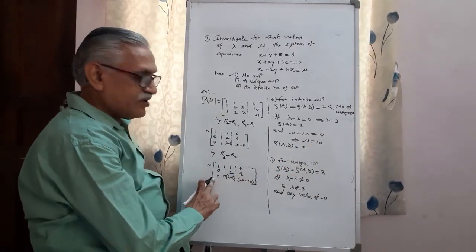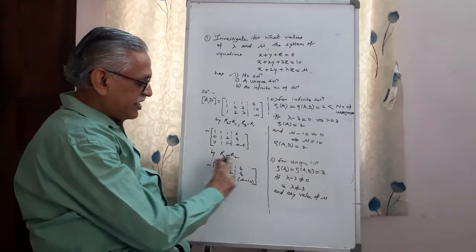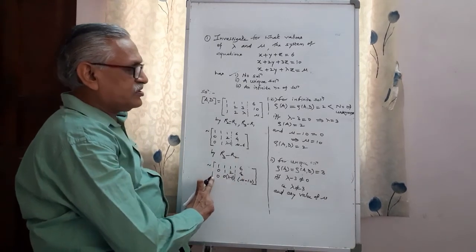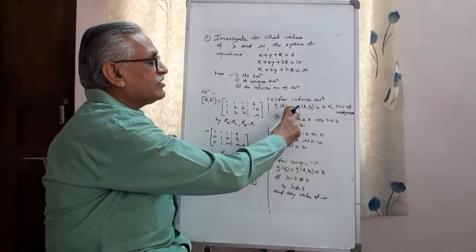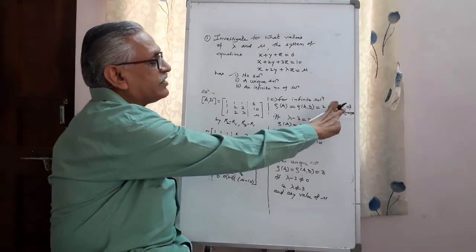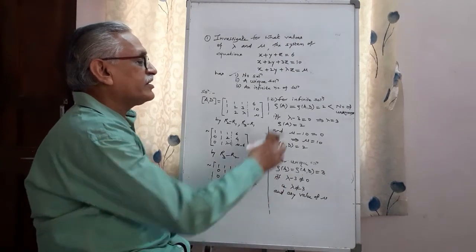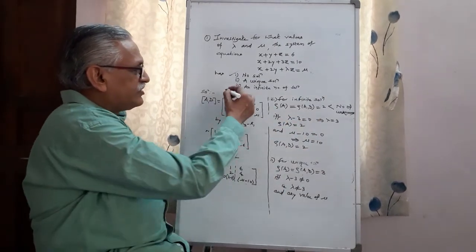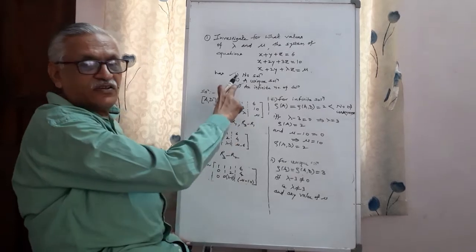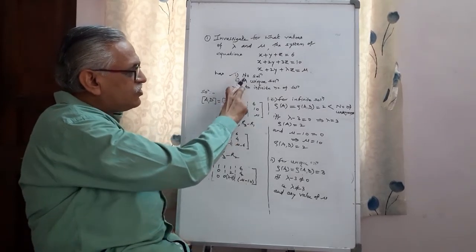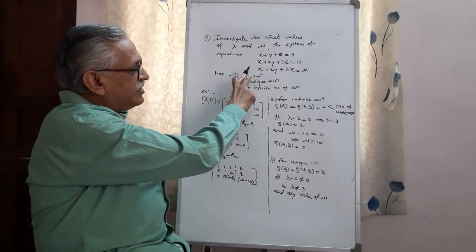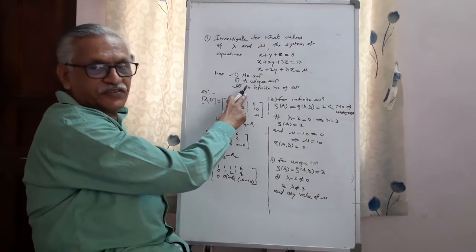Means we get rank of matrix A as 2, rank of the augmented matrix is also 2, equal, that's why it is consistent, and it is less than the number of unknowns 3, we get an infinite number of solutions. Therefore, like this, we can obtain the values of lambda and mu for these 3 different conditions.